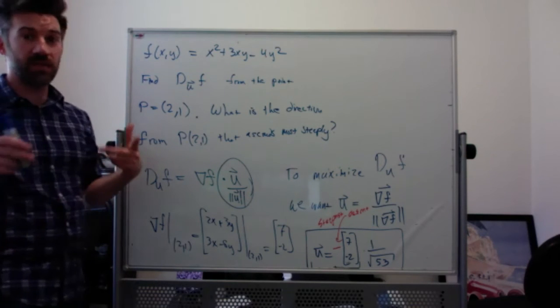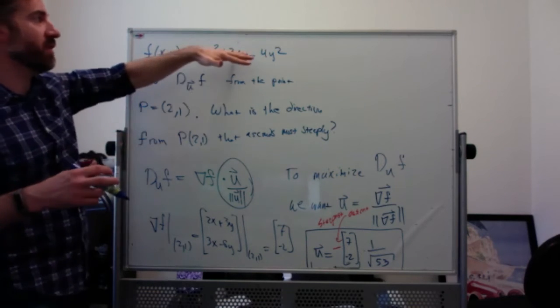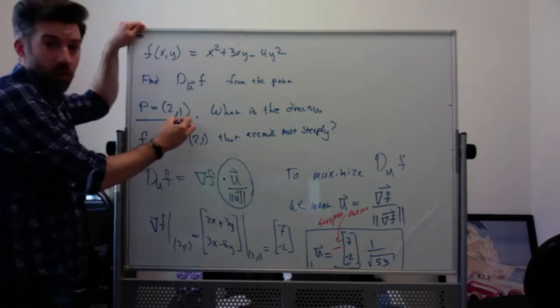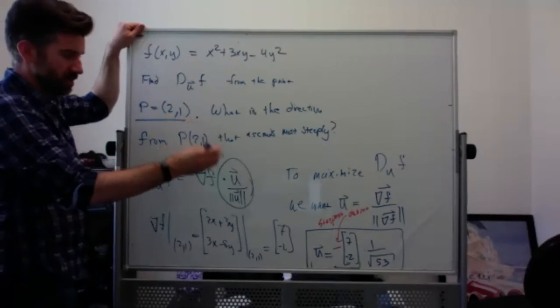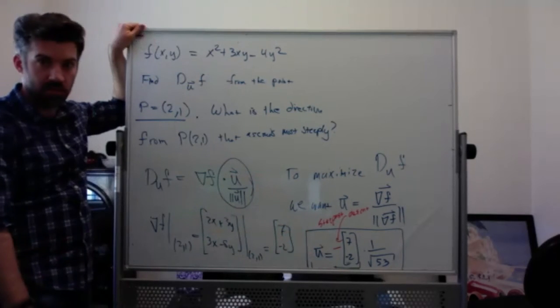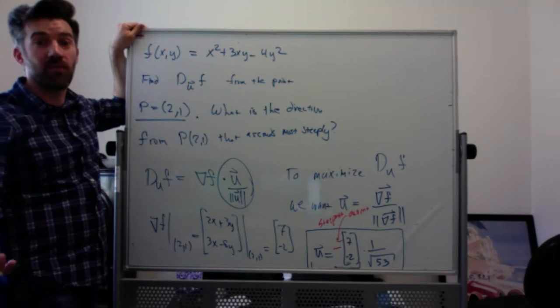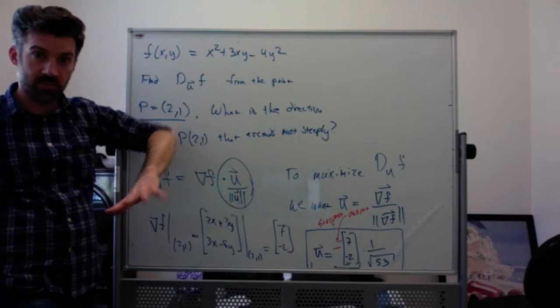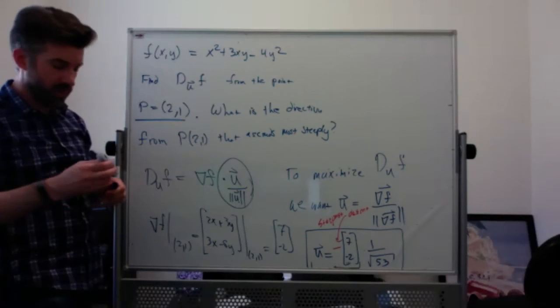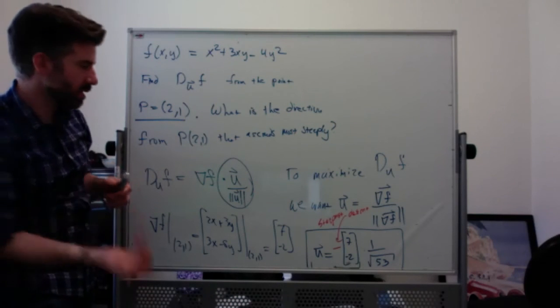It's the direction of steepest ascent. So if I'm on this surface at this point, the direction of steepest ascent is that direction right there. But if I was starting from a different point, the curve might look totally different. So, yeah.